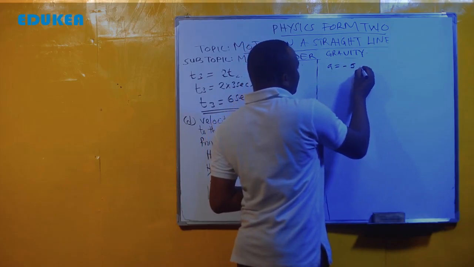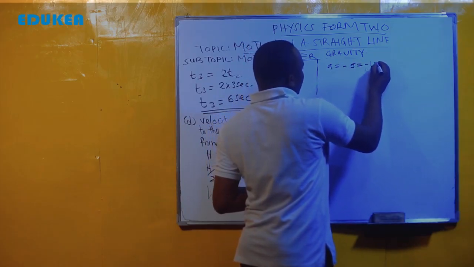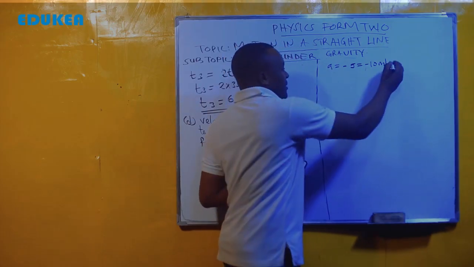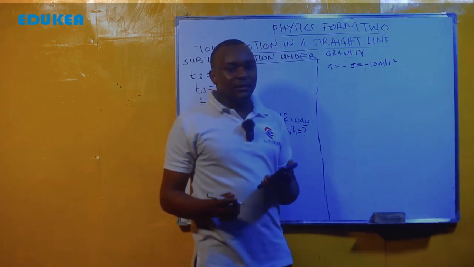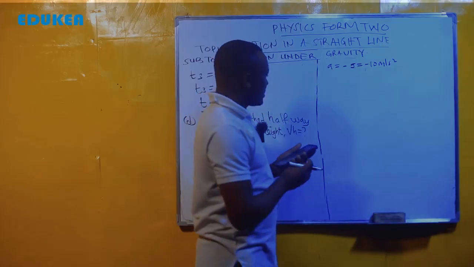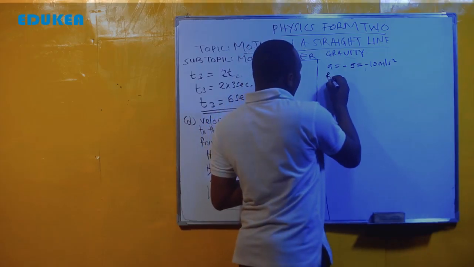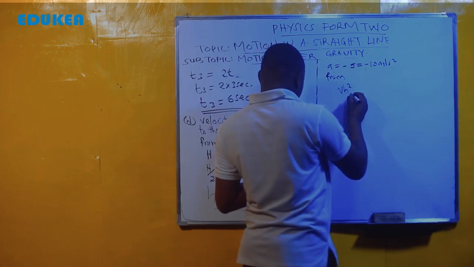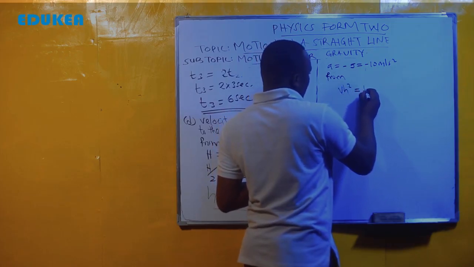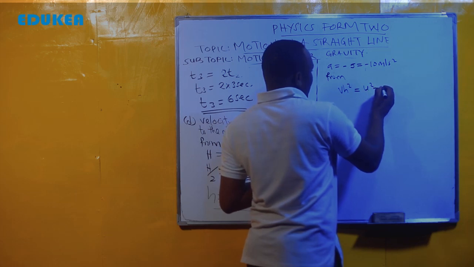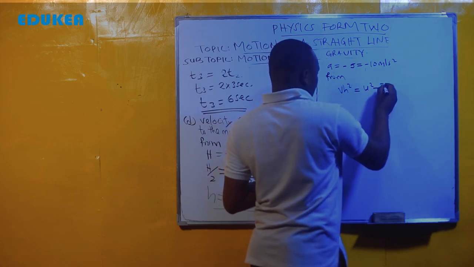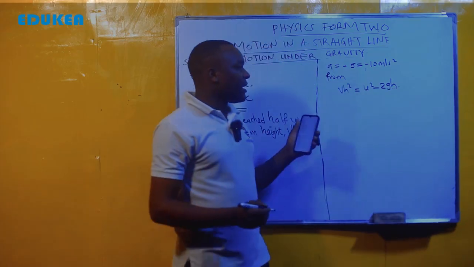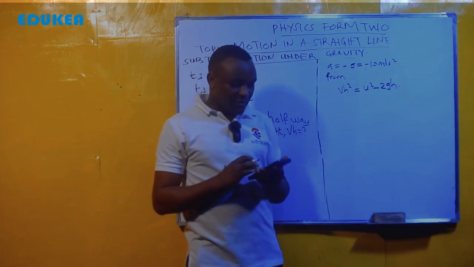Then we say that VH square will be equal to u square minus 2gH. Now we are going to find the value of VH.